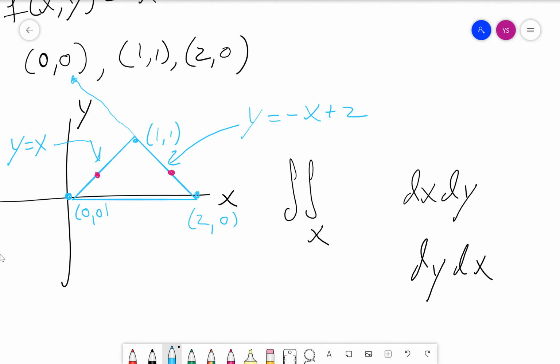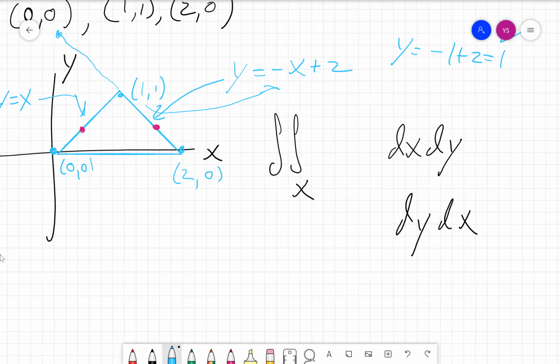So when we plug in our 1 for x, we get y is equal to -1 plus 2, which is equal to 1. So it looks good.